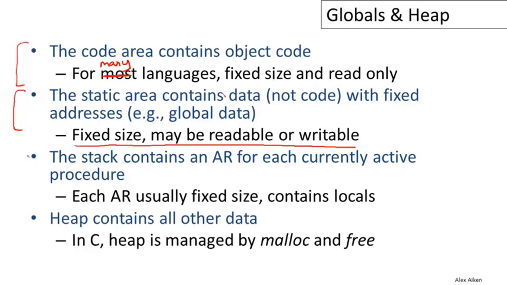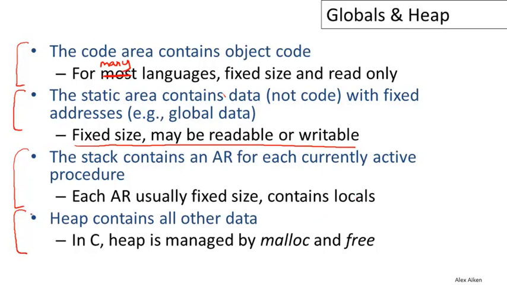And then a stack is used to contain an activation record for each currently active procedure, and the activation record is generally fixed size, so each activation record for each particular kind of procedure has a fixed size, and this will contain all the local information, the local variables and temporaries needed to execute a particular activation. And finally, the heap is for everything else. So the heap is just for all the data that doesn't fit into one of these other categories.